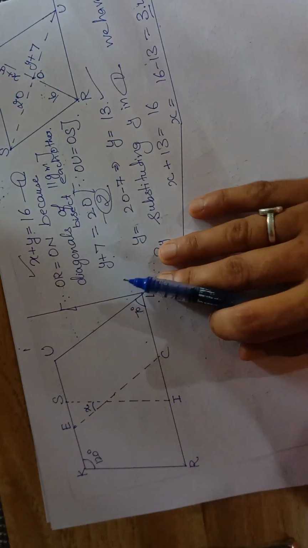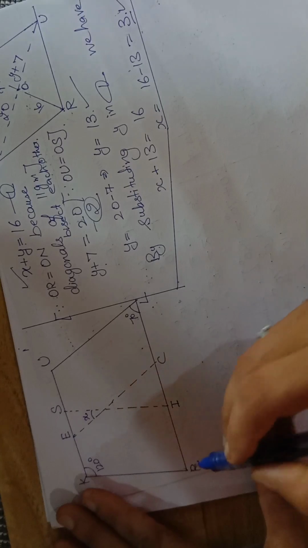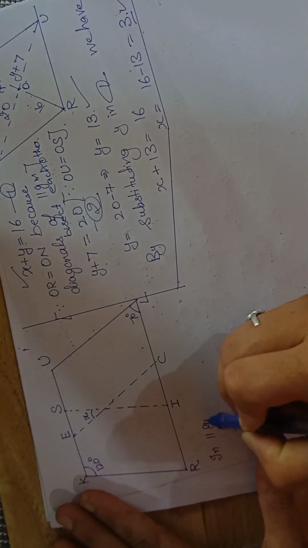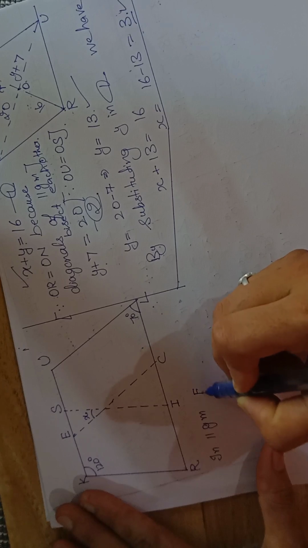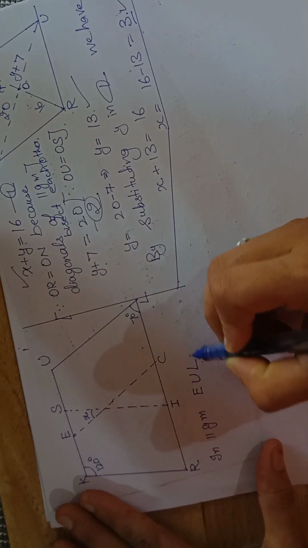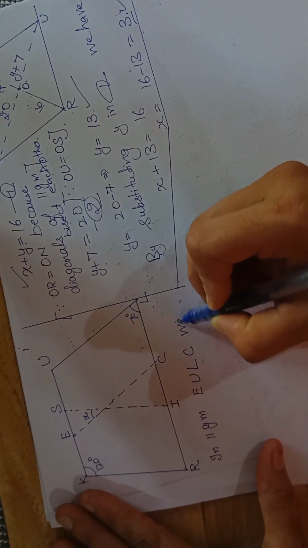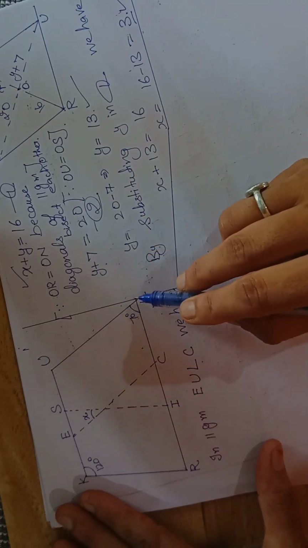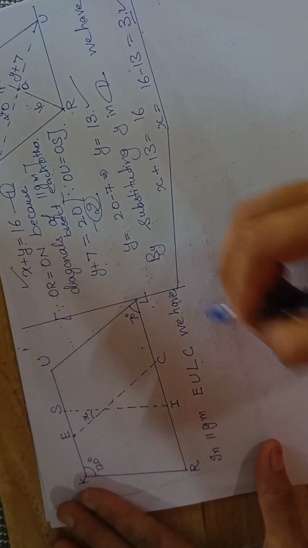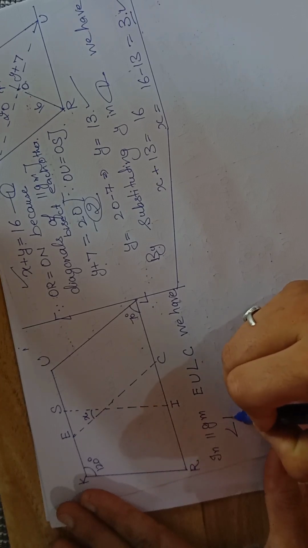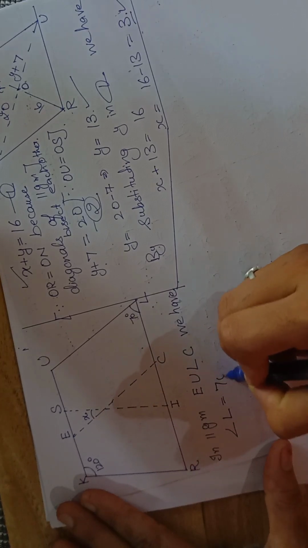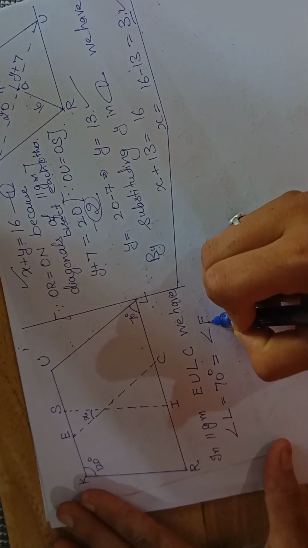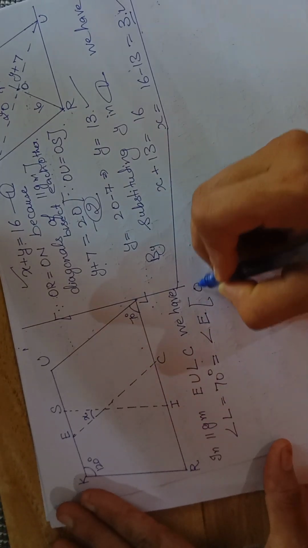So our question starts from here, that in parallelogram EULC, what we have? We have angle L, that is equal to 70 degrees, and that is equal to angle E. What's the reason?